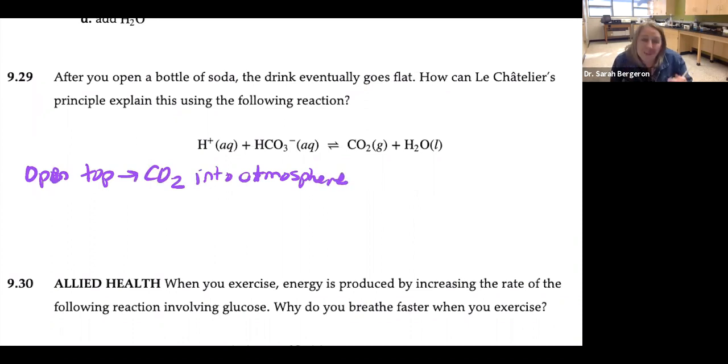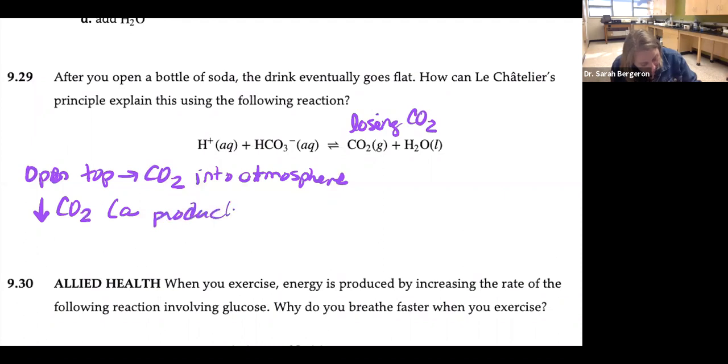So in terms of shifting, what's happening? If you look at this equation, we're actually losing CO2 to the atmosphere, right? It's no longer in the soda can, we're losing it. So if we decrease CO2, CO2 is a product, right?